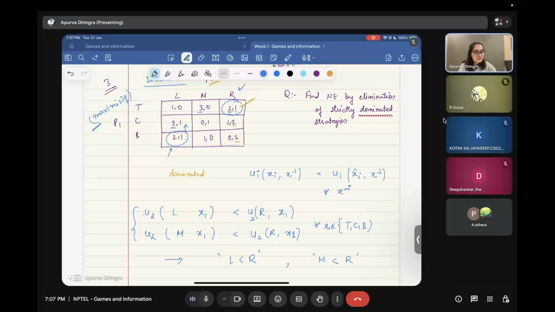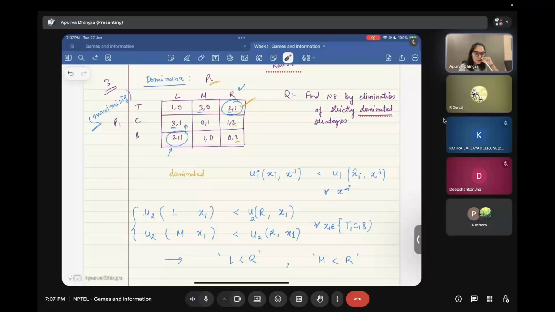Okay, this is the first thing that I've noticed here. Is this clear? Yes, it's just because all the values in the column R are greater than the values in the other columns. The comparison between two strategies is based on the utilities. I've written the utilities as the utility of the second player, comma, the utility of the first player.